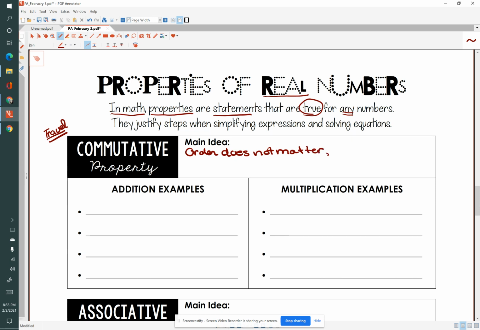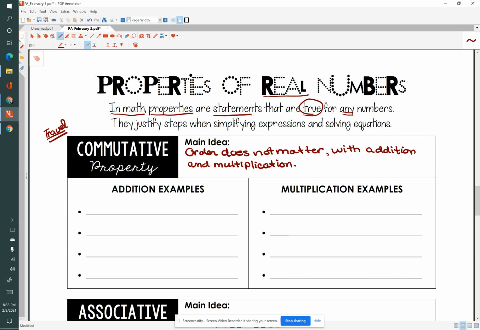It works for addition and multiplication only. So order does not matter.